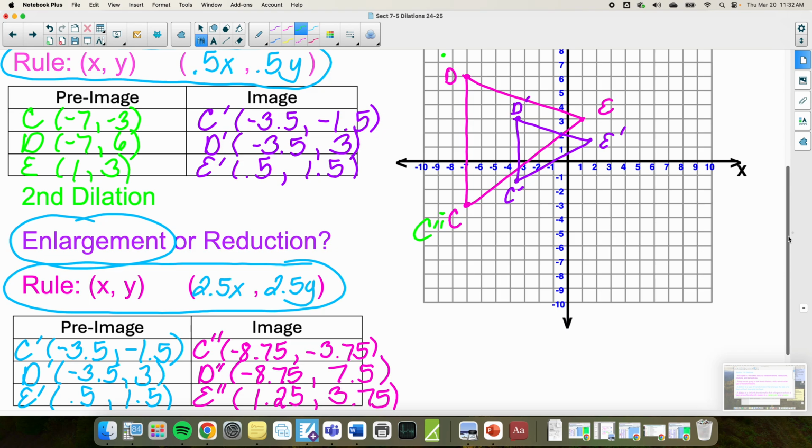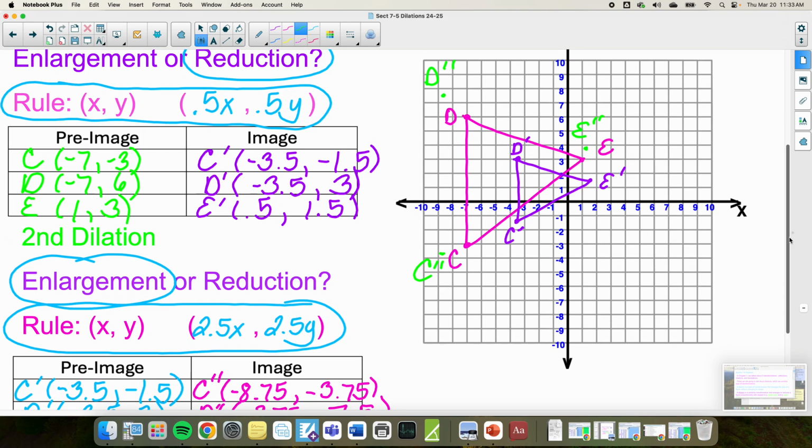So just over 1 and up to almost 4. That is our E double prime. Okay, and now I'm going to connect those dots. So I have this line, I have this line, and I have this line. Does yours look like that too?